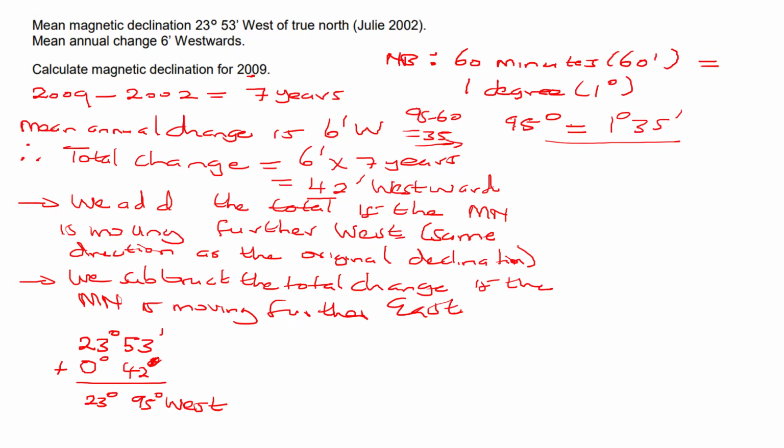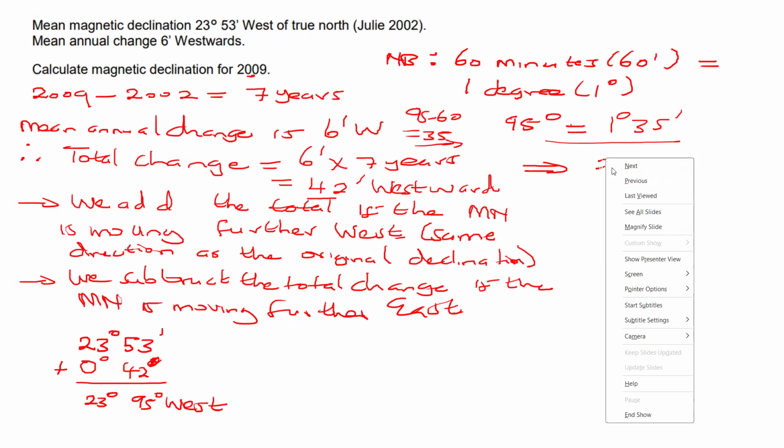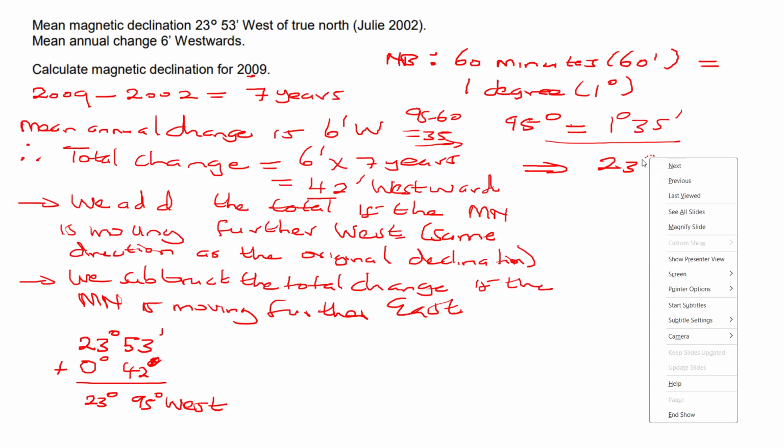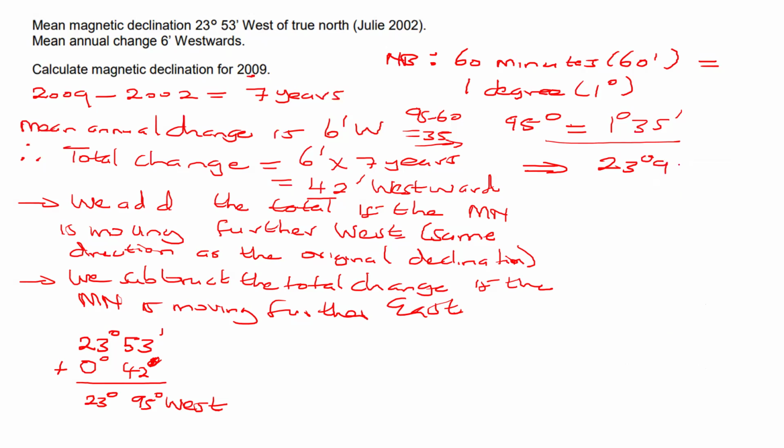Now we're still finishing that. You are having 23 degrees, 95 minutes, and you take this value as 1 degree, 35 minutes, and then add. 23 plus 1 gives us 24 degrees.